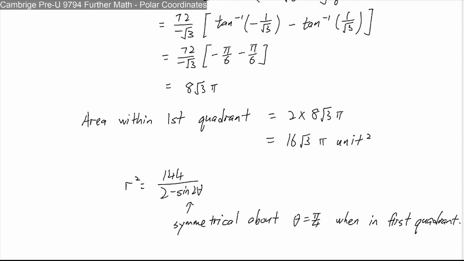So the graph will be identical from 0 to pi over 4 and from pi over 4 to pi over 2. The pi over 4 divides the region equally into 2 parts, because the sine 2 theta function is symmetrical at pi over 4. With that, we just have to multiply by 2 the area that we found earlier, and then we get the area for the whole first quadrant.